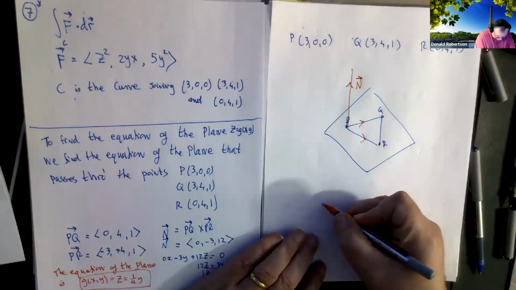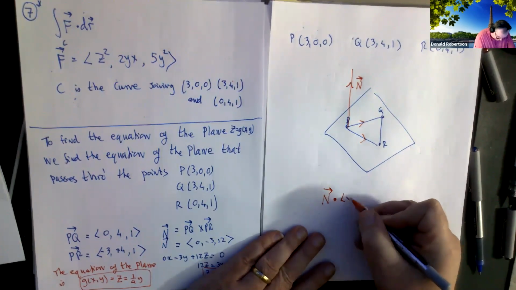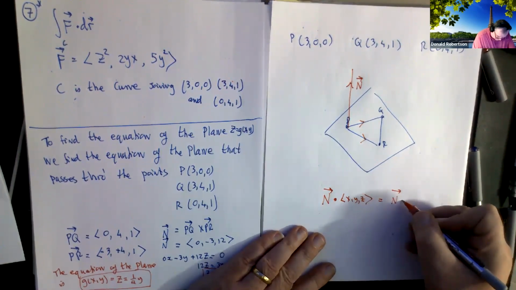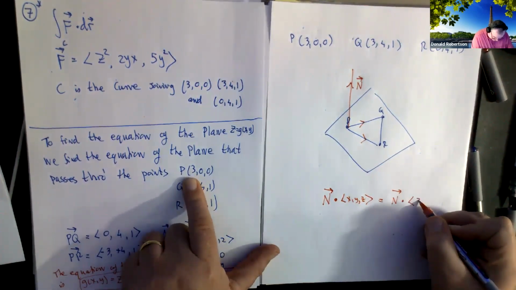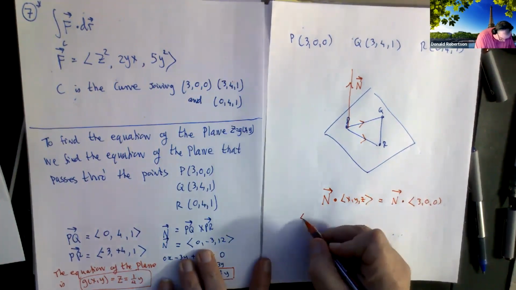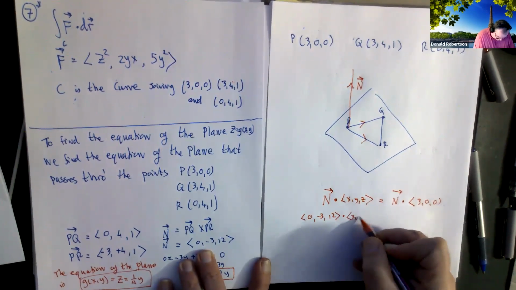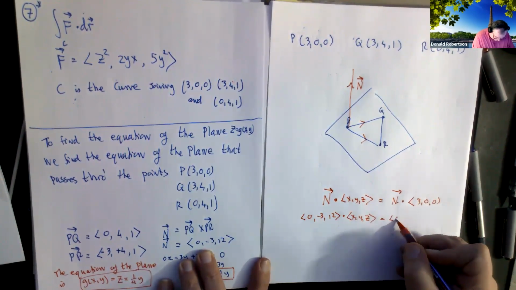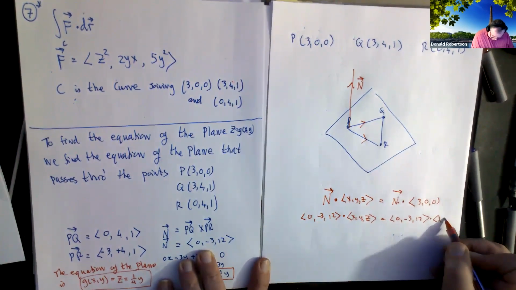And then you have a little formula that says something like this. The normal dot product with XYZ is equal to the normal dot product with the position vector of anybody you like. I'm choosing P. So if we assume that this guy here is correct, which I'm sure he is, this guy dot product with XYZ, and this guy dot product with 3, 0, 0.